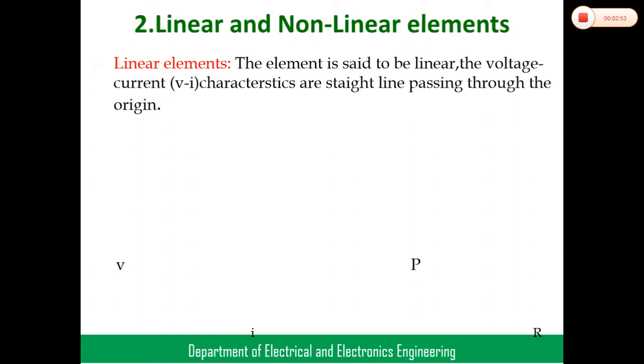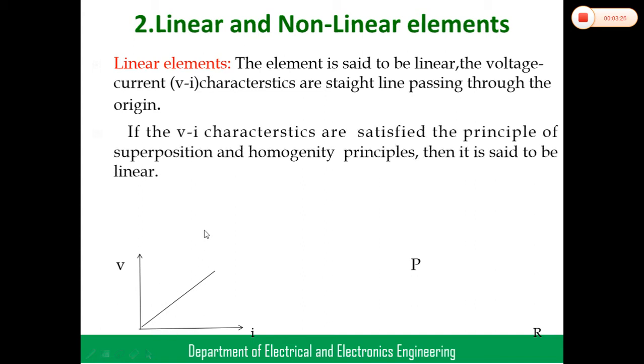Here also I mentioned the same thing: the element is said to be linear if the voltage and current characteristics are a straight line passing through the origin. Here I have taken a small figure of the voltage and current characteristics. They are a straight line passing through the origin, so the element is linear.